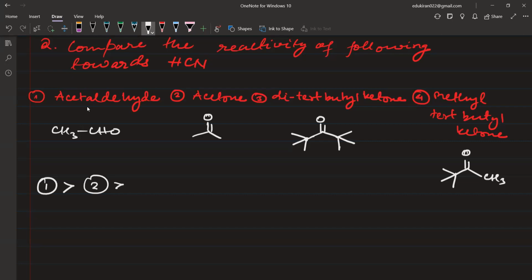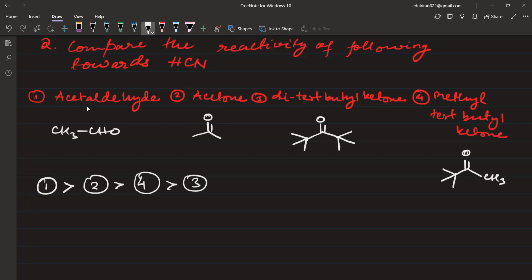Between 3 and 4, in 3 both groups are tertiary butyl, 4 carbon atoms on each side. In 4, one group has 4 carbon atoms and the other is only CH3. That is why the fourth is next, and the least reactive is di-tertiary butyl ketone due to steric hindrance. Please write this down.